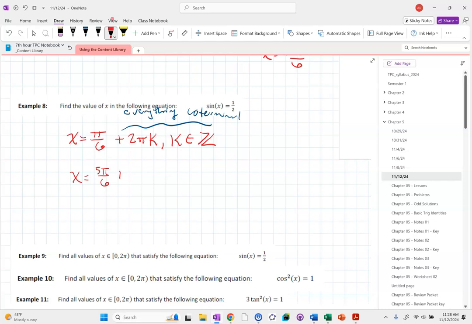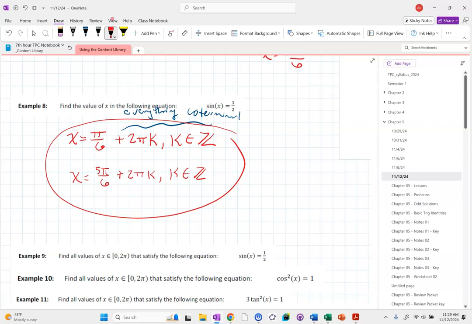So that's another unique set of solutions. We'll say 5 pi over 6 and then everything coterminal to 5 pi over 6. Does that feel okay there?